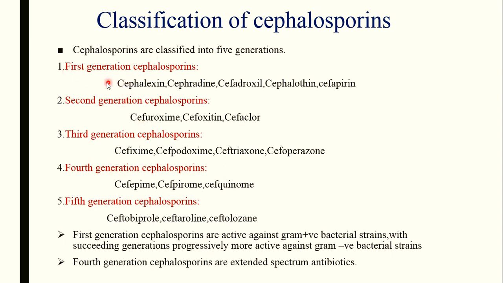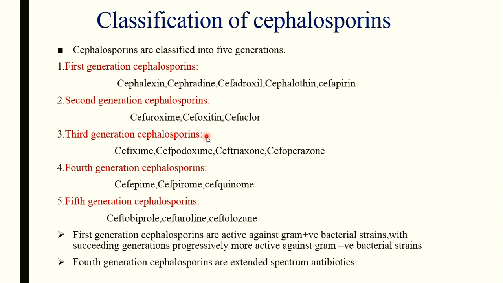Why are there various generations of cephalosporins? Because when the first generation cephalosporins started showing serious side effects or toxic effects in patients after long term usage, researchers made minor changes, introducing or substituting some groups. That led to another generation.